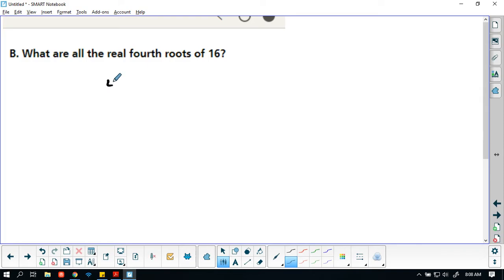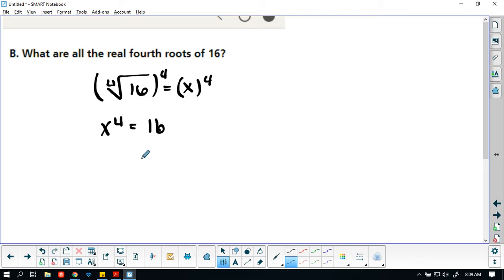So they want us to do the fourth root of 16. That's going to be equal to x. Then I have x to the fourth equals 16, because I'm going to raise both sides to the fourth exponent. That's not a b, that's a 16.